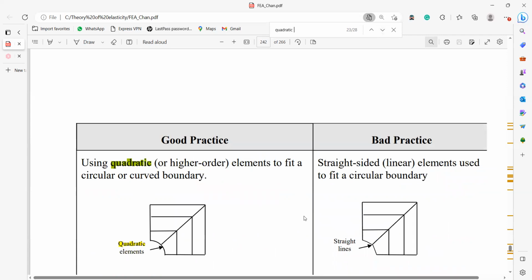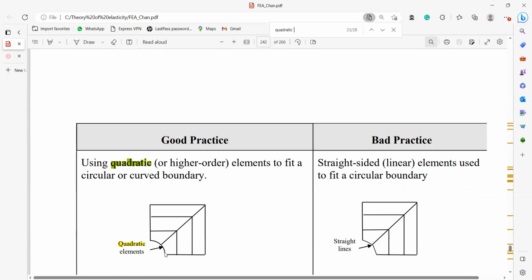So here what you see is the good practice and the bad practice. Towards the left, what you see, and towards the right, what do you see? Just look at this. What you see is a sharp edge here. What is actually a circular hole, but since it's a linear element, there are only 2 nodes here.